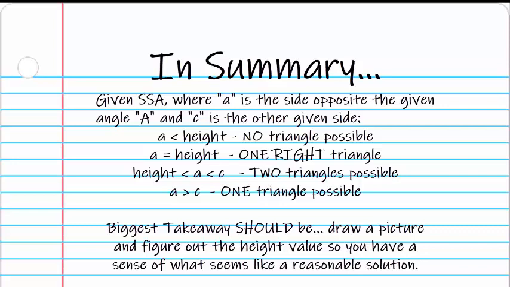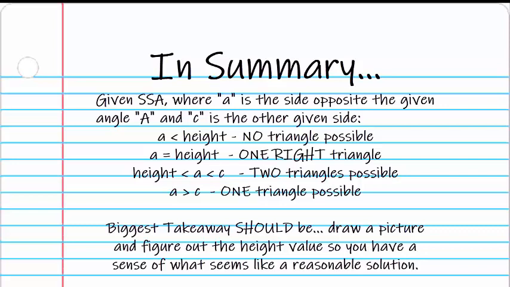Once again, there are multiple things that could potentially happen, but the biggest takeaway should be to draw a picture and figure out the height value so you have a sense of what seems like a reasonable solution before you start plugging numbers into formulas.